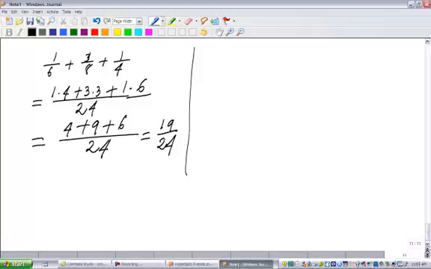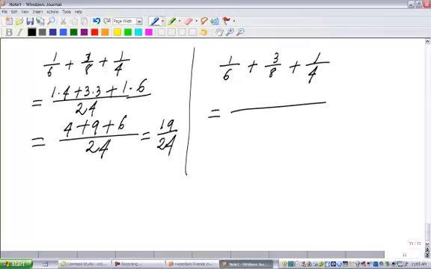Now again, I don't have to pick the least common divisor. I can do the following. 1/6 plus 3/8 plus 1/4. What is the product of the three numbers?